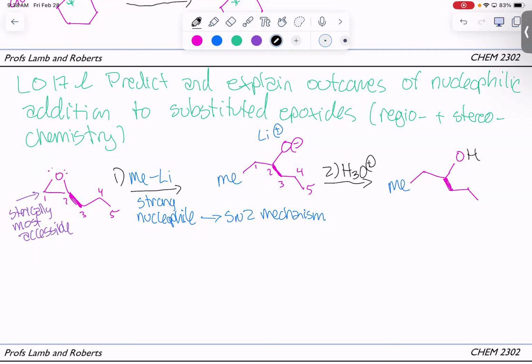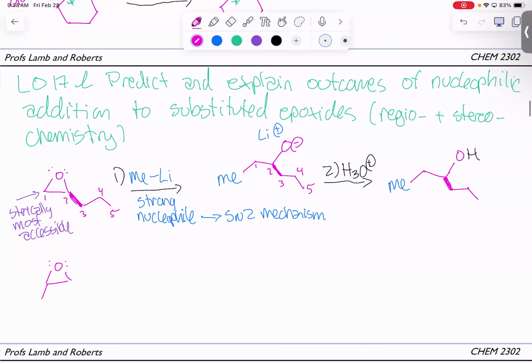Okay, say we were given on an exam this particular epoxide. And we have a substitution pattern with a methyl group and an ethyl group on one side. And we have a methyl group on the other side. We have a tri-substituted epoxide. Okay, so our tri-substituted epoxides, now we really need to see what our nucleophile is.